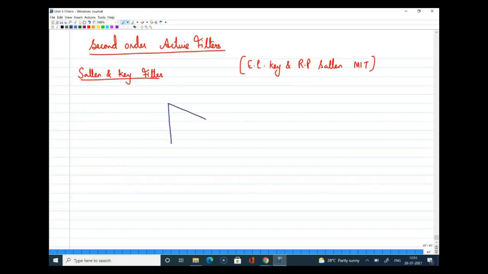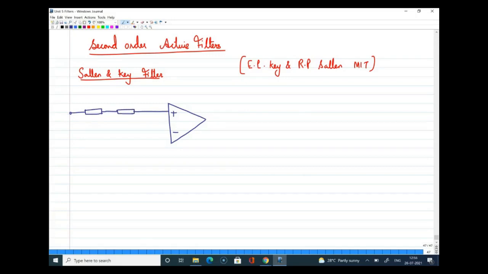So we'll have an op-amp as an active element, and we have impedances. I'll present them as general impedances, and by putting specific components here, we can get different filter responses.